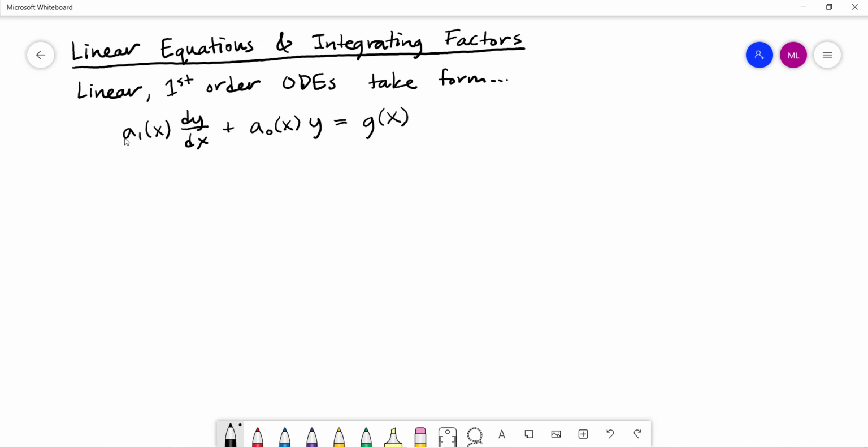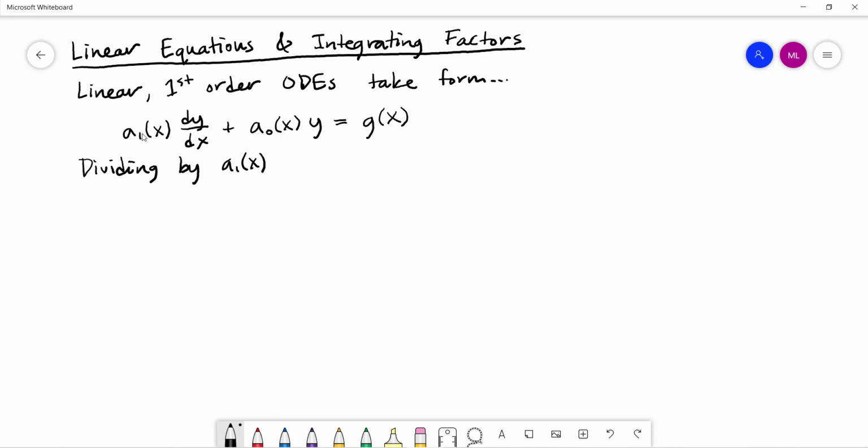If we divide the whole equation by a1(x), we can force this leading coefficient in front of the dy/dx term to be 1. And this is something that you can essentially always do. The only thing you need to watch out for is possibly there's some value of x for which this coefficient is 0.